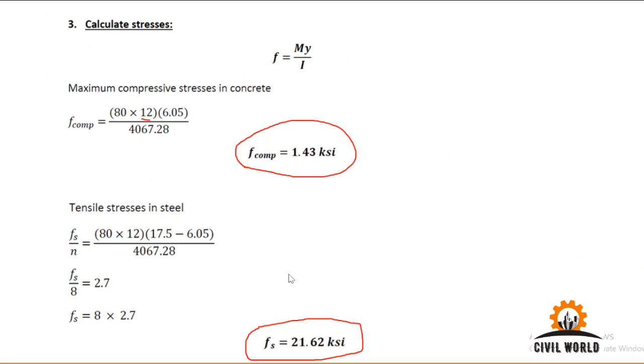Just put in the value of y equal to 3 inches. You have the moment of inertia, and you can calculate the compressive stress at that particular location. You just need the location of that point, its distance from the neutral axis, and you can use this flexural formula to calculate stresses.